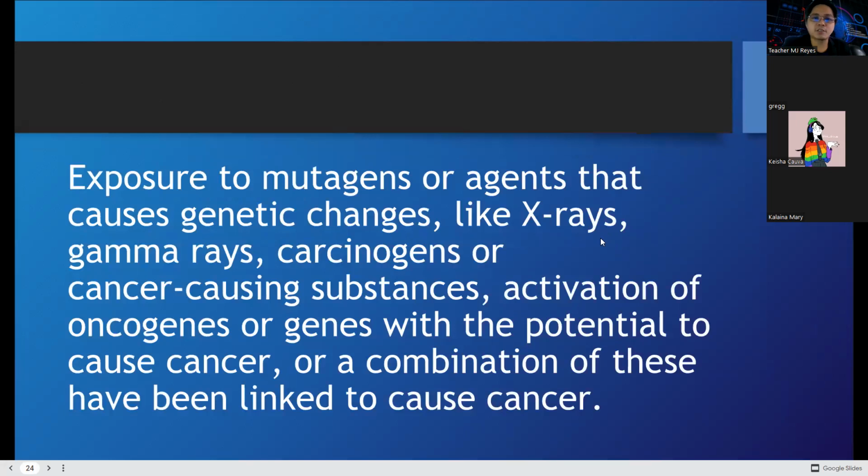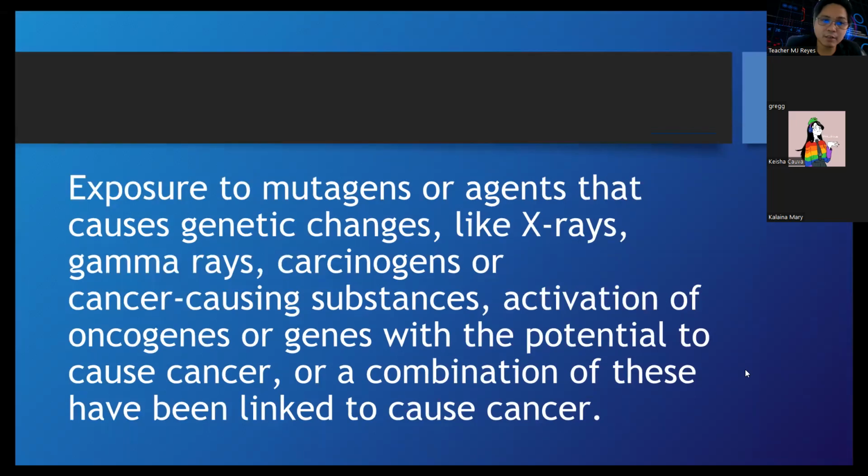Exposure to mutagens, mutagenic substances, or agents that cause genetic changes, like X-rays, gamma rays, carcinogens, cancer-causing substances, and activation of oncogenes. We all have oncogenes, by the way. We all have them, but they are not activated. How can these oncogenes be activated?